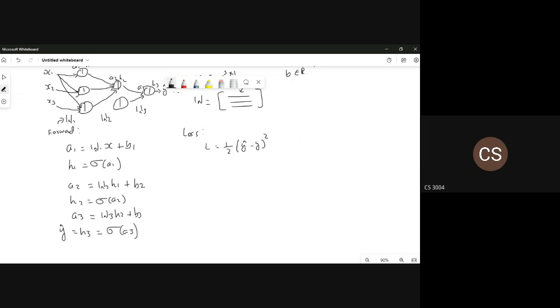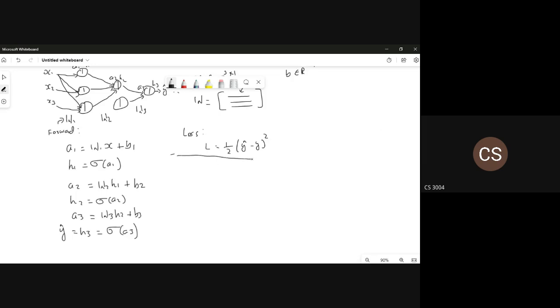So the entire process. That's why I'm going to compute the gradient for W1. The gradient for W means we are computing the gradient with respect to the loss. No matter where your parameter resides, what we are trying to calculate is the gradient of the parameter with respect to the loss. That's our ultimate goal.